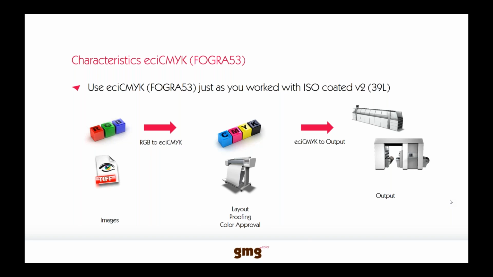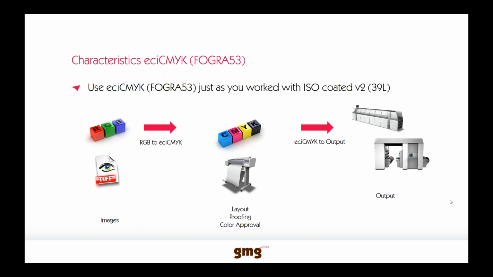FOGRA53 is just meant for color exchange. A lot of people use FOGRA39 today when they don't have a clue in which condition the file will be printed. So in this case, FOGRA39 works as an exchange color space. And I described the issues we have with that situation.